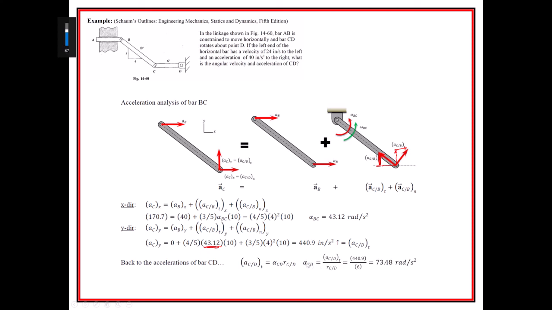And we can then go backwards and find the angular acceleration. That's the thing that we were asked for to start with, 73.8, and that's going to be a clockwise answer. So there you go.